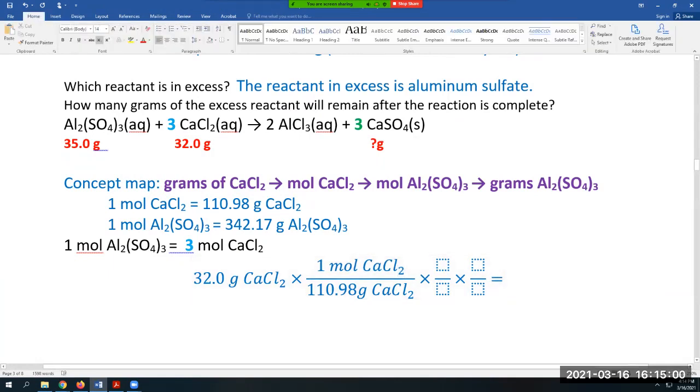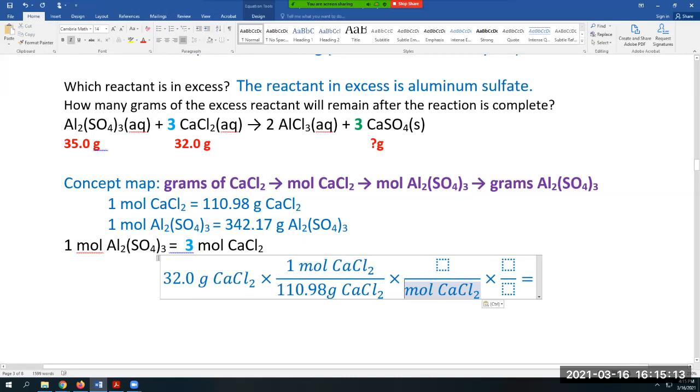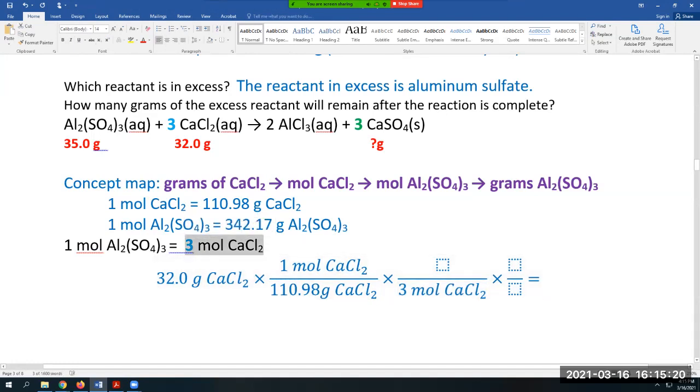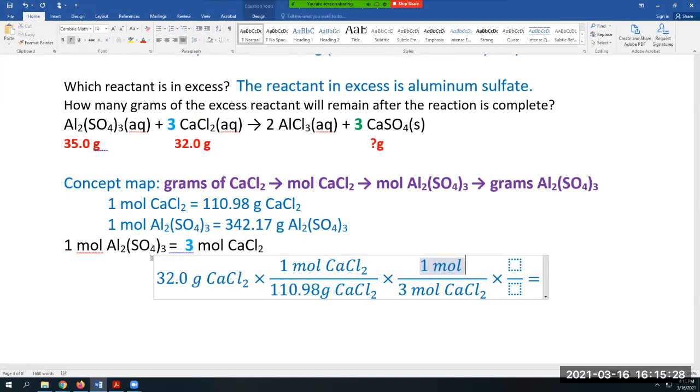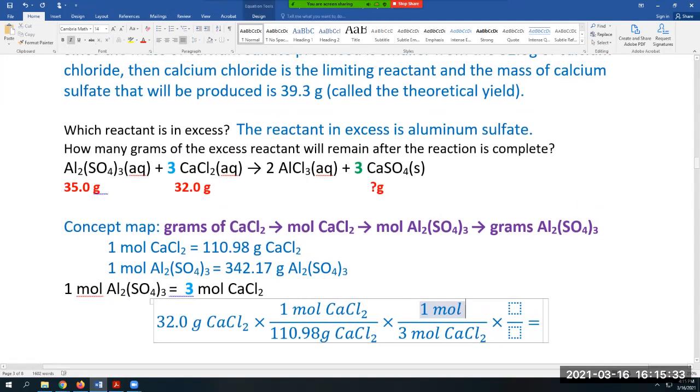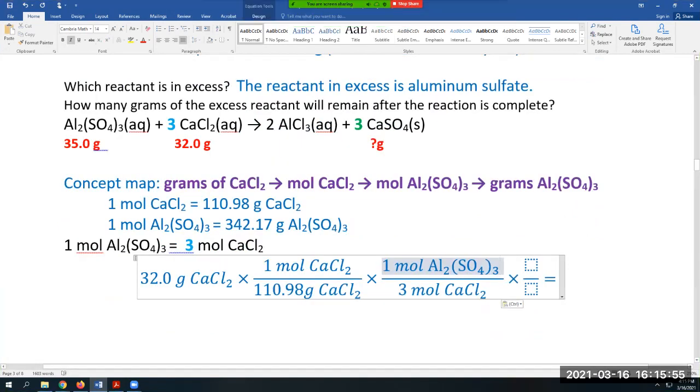Next, we need to change the moles of calcium chloride to moles of aluminum sulfate, and we will use this equality. Because we have moles of calcium chloride in the numerator, we want moles of calcium chloride in the denominator in the next conversion factor. What comes with the moles of calcium chloride is a 3, from that coefficient. So 3 moles of calcium chloride react with 1 mole of the aluminum sulfate.